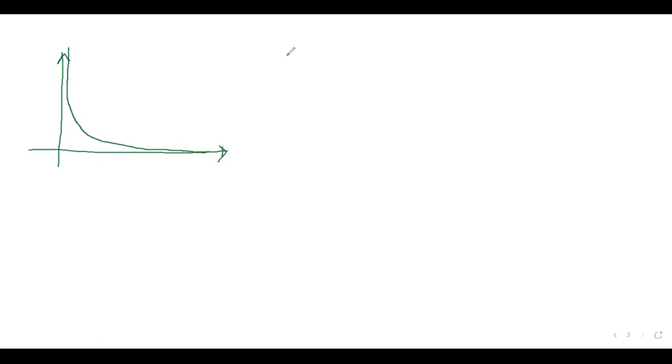And another one will be for 0. I will say this graph will be for the 0.